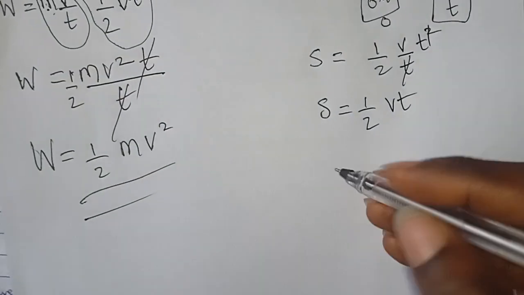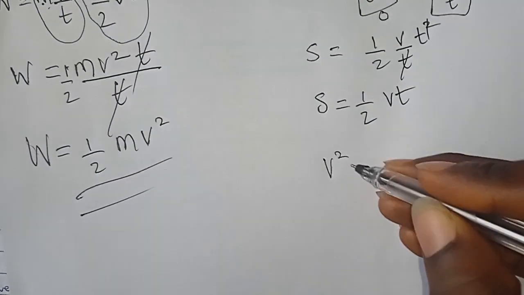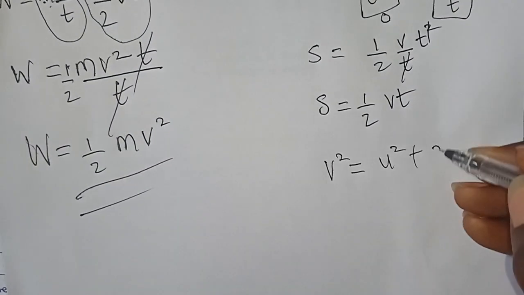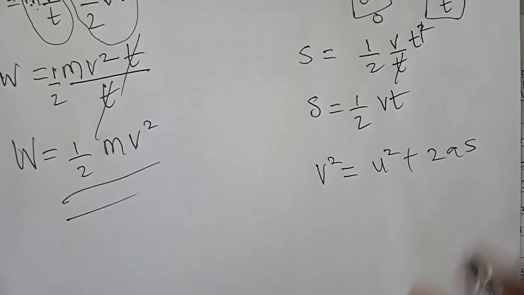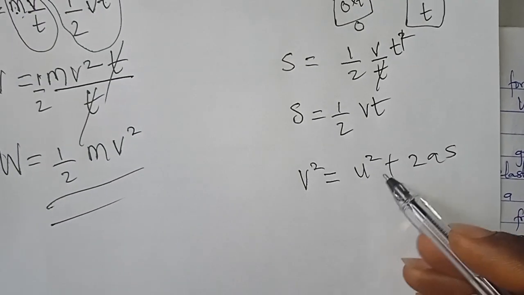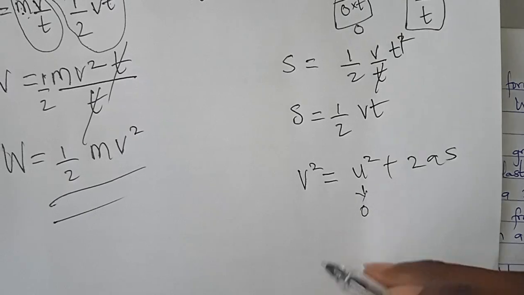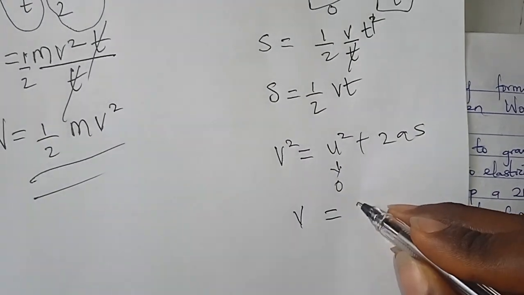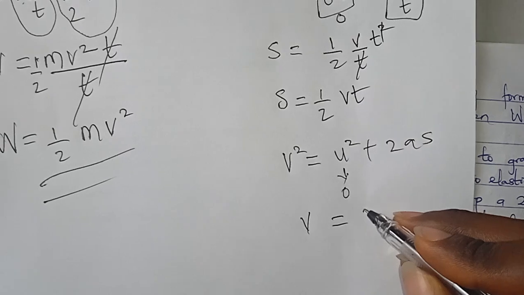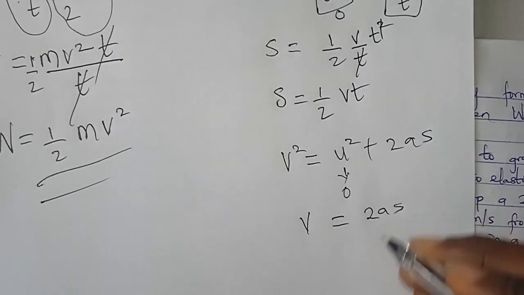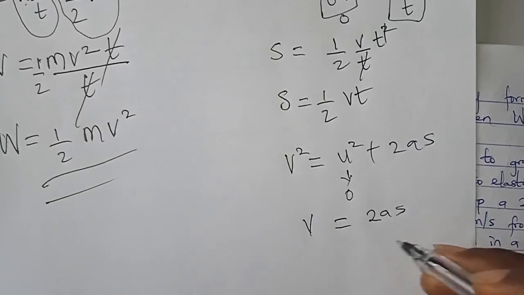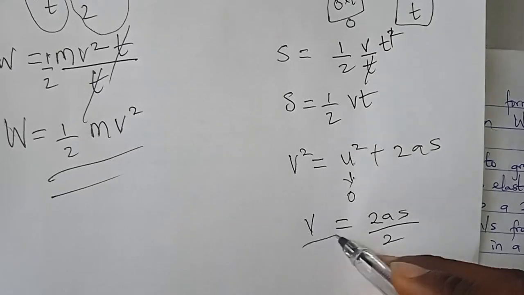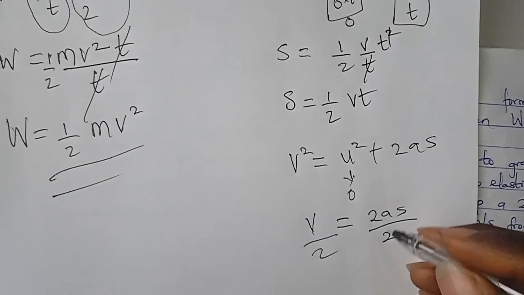Another way to derive this is, I know that there's a formula which is v square equals u square plus 2as. Notice that at initial velocity this will be 0. So v square is equal to 2as. Right? So let's divide both sides by 2. This will cancel this.